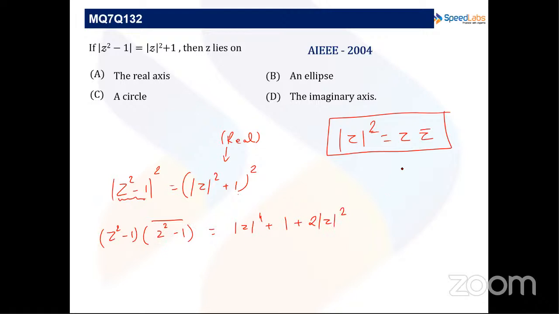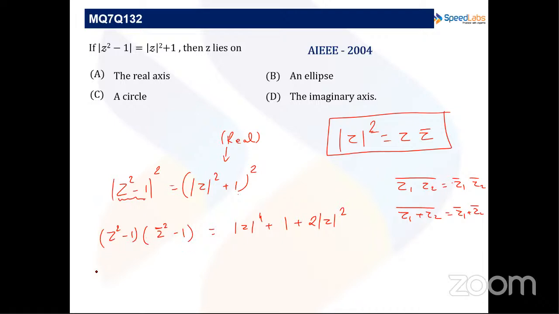Now we know the properties of the conjugate. If we have two complex numbers z1 and z2, then the conjugate of the product is z1 conjugate into z2 conjugate. Similarly, the conjugate of z1 plus z2 is z1 conjugate plus z2 conjugate. Here we get the conjugate for z square.